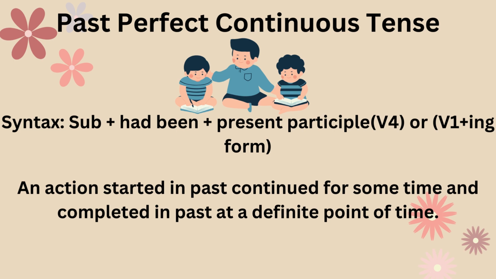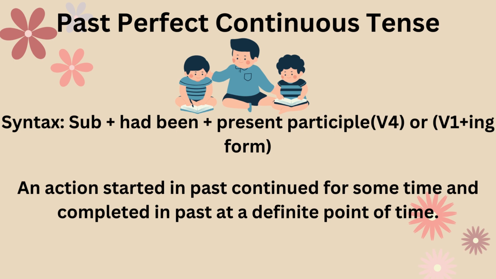One action started in the past and continued at the time of speaking. But in the past perfect continuous tense, the action started, continued for some time, and also completed in the past only. At the time of speaking, the action is not taking place.